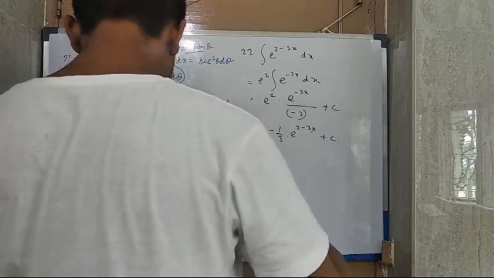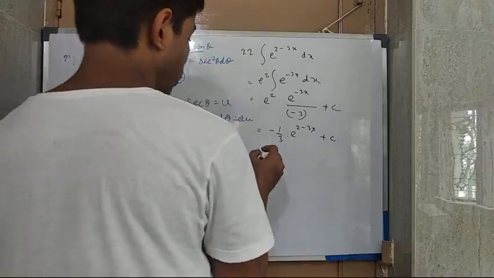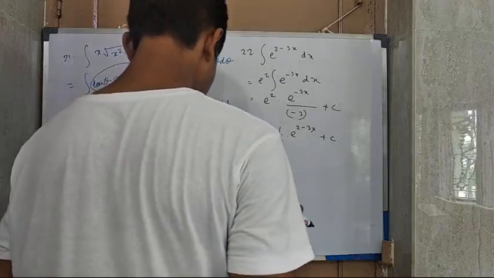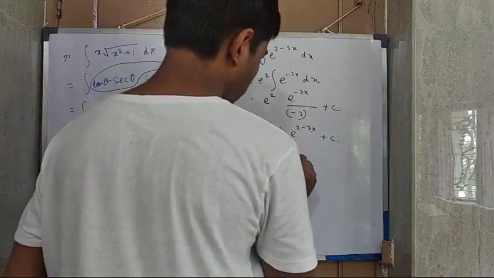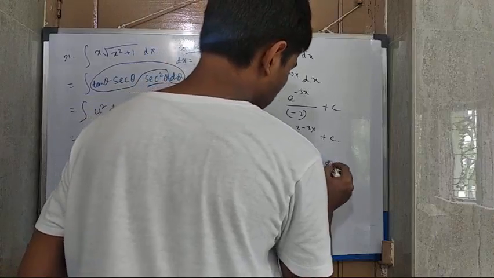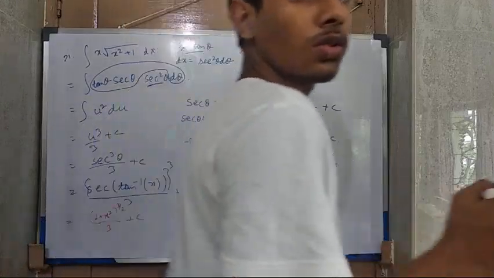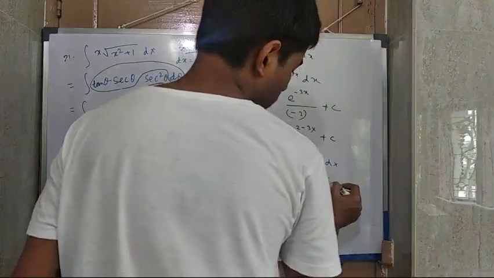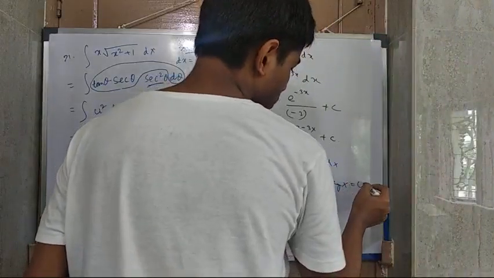Now let's proceed to the 23rd question, which is the integral of cos of log x by x dx. For this integral, I am going to assume that log x is equal to u.